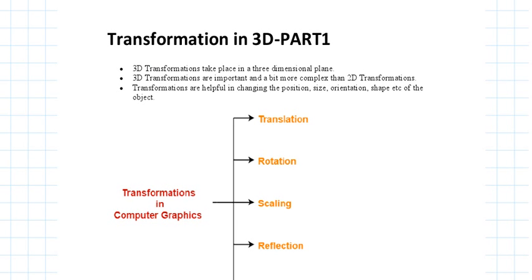As you know, an object in a three-dimensional plane can be defined in terms of three coordinate values: x, y, and z coordinates. Now, for transformation in 3D, you will need to have a deeper look into the three-dimensional perspective itself.